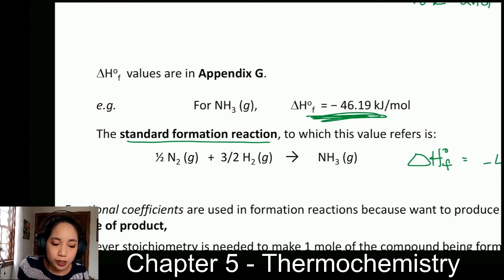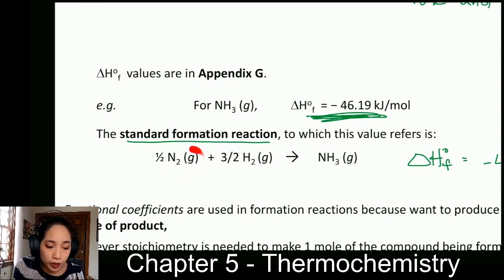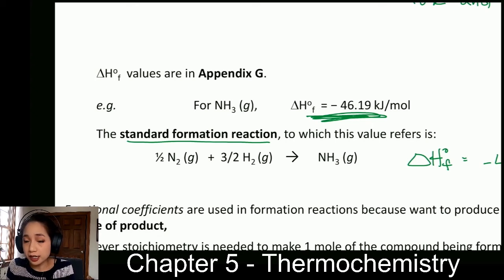So we have to inspect the elements that make up the compound of the standard formation of the compound. So nitrogen, you have to think, okay, in its elemental form, what is nitrogen? Nitrogen exists in our world as N2 gas. So N2 gas will be a reactant because it's forming from its standard state elements.